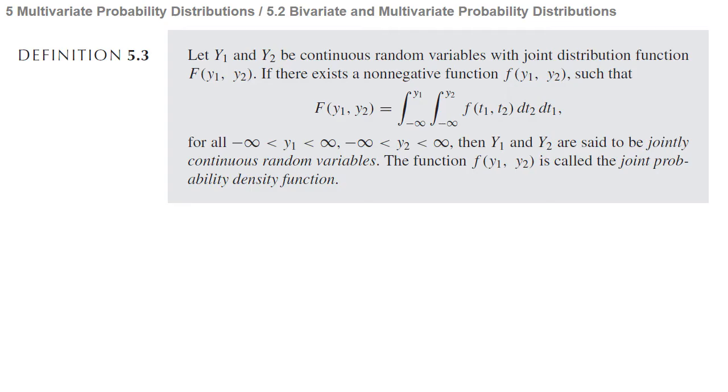Let's move on to definition 5.3. Let y1 and y2 be continuous random variables with joint distribution function F of y1, y2.